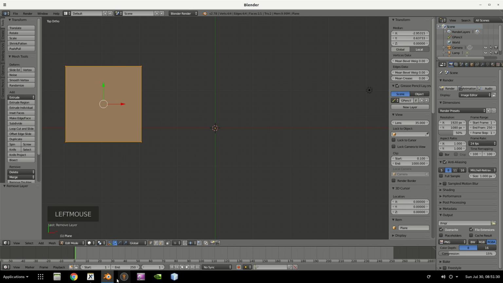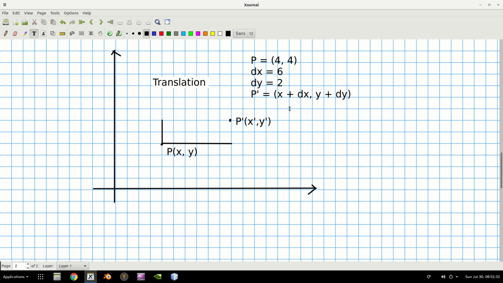So with this simple formula, P prime equals P plus the displacement, we can write it down as: we have the original location of this point P, and we want to move by a certain amount, which is given by D. If you add those up, we get this new thing. Okay, and we can use a slightly different notation.